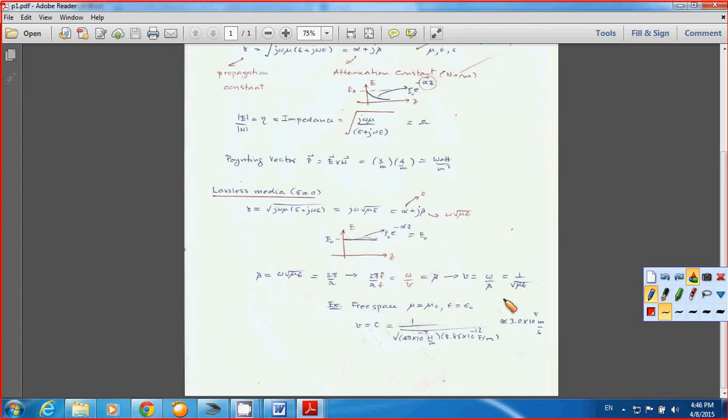So you just plug in the numbers here, it becomes 1 over square root of mu 0 multiplied by epsilon 0, where mu 0 is equal to 4 pi 10 to the negative 7 henry per meter, and epsilon 0 is equal to 8.85 10 to the negative 12 farad per meter. It's going to give you about 3.0 10 to the 8 meters per second, and that's the velocity of light. Okay, so that gives you c. This is how you find the velocity of the wave in the media.